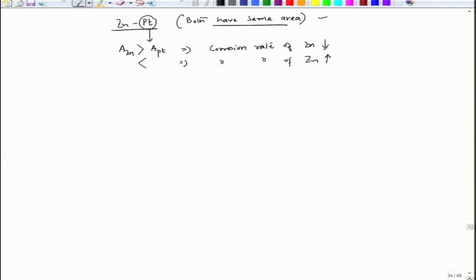So, that means cathodic as well as anodic reactions are finding the same area, with the anodic reaction taking place on zinc. So, the area effect we are not considering here.